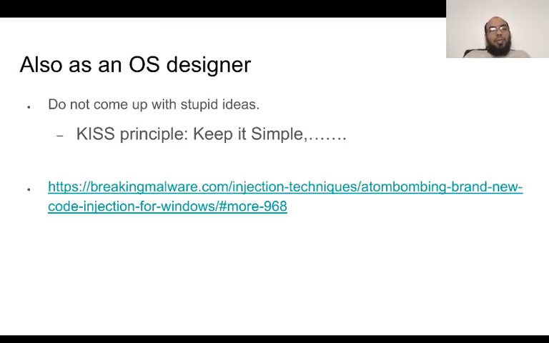And do not come up with stupid ideas in parallel programming. This was a very big thing about code injection that was possible in almost all Windows operating systems since I think '98 or Vista. I cannot remember. This happened last year, and you can read more about it. It was a major flaw in the way that they do parallelism in the system.